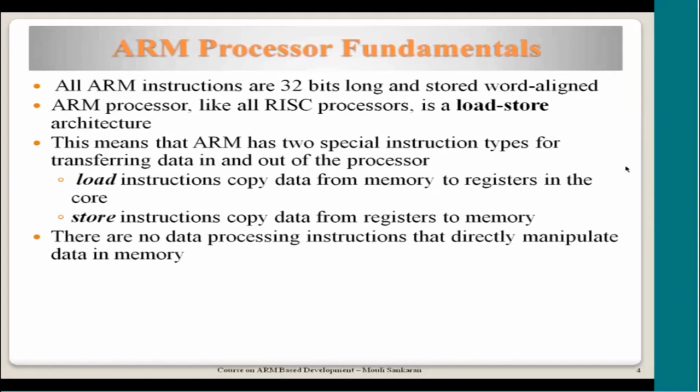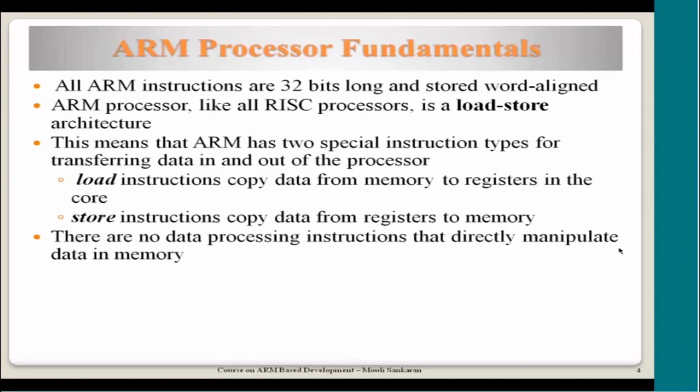Now all of the data processing instructions, for example arithmetic or logical operations, can work only on register operands. That means if the processor wants to add two values which are stored in memory, first of all it has to load those contents from memory into one of the internal registers which we saw in the last session, and then it can perform the addition on those two register contents.